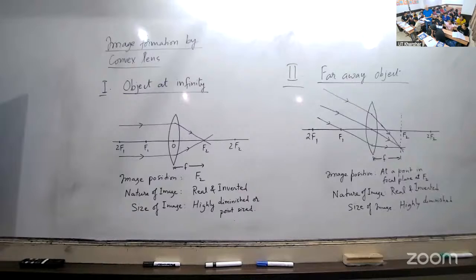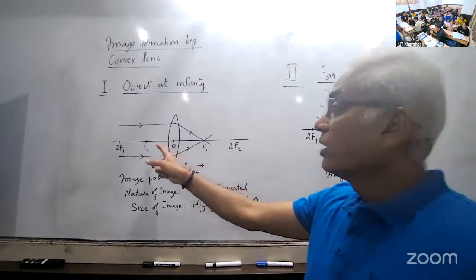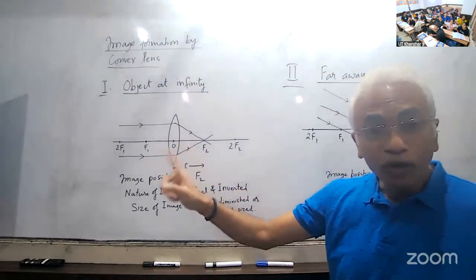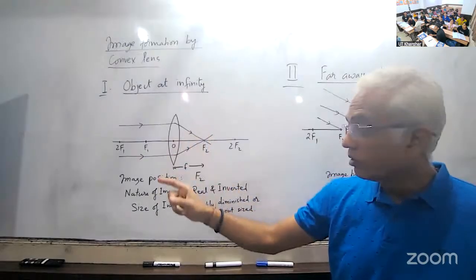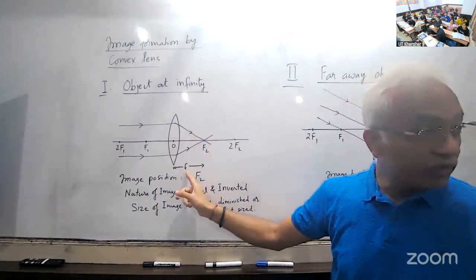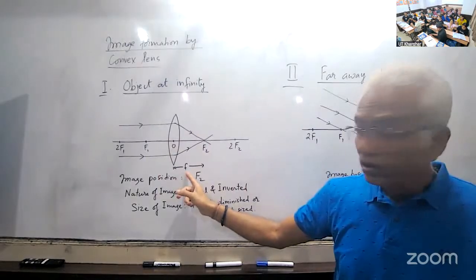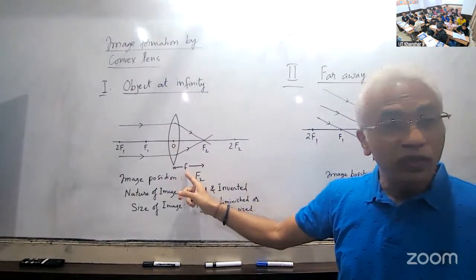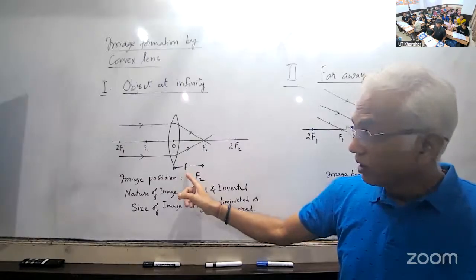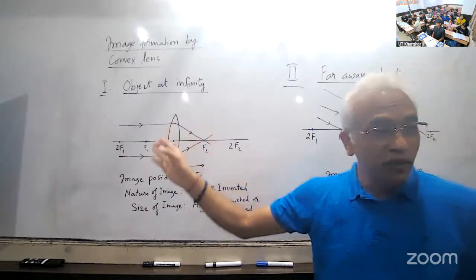I'll tell you. The capital F is a point. Some of your writing this also is capital F. Pratyush, some of your writing this also is capital F. This is not capital F. And this need not be drawn when you are drawing the ray diagram.